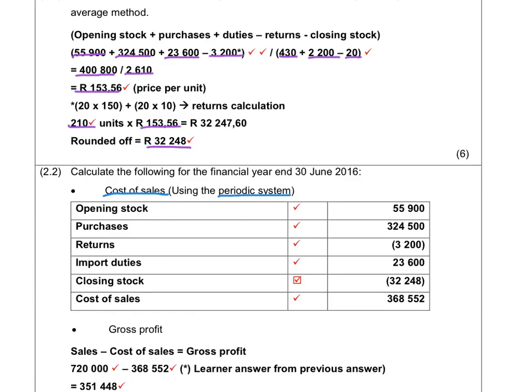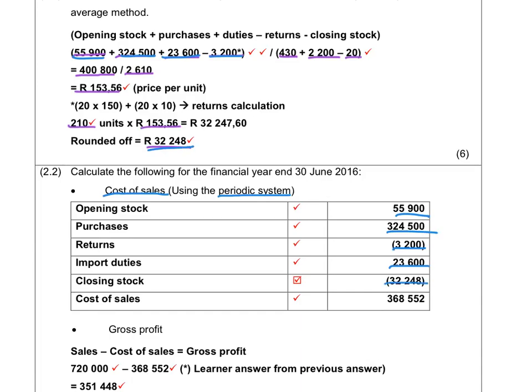So we will take our opening inventory, 55,900, plus our purchases, 324,500, plus our import duties, 23,600, minus the returns, 3,200, and we just calculated the closing inventory as 32,248.